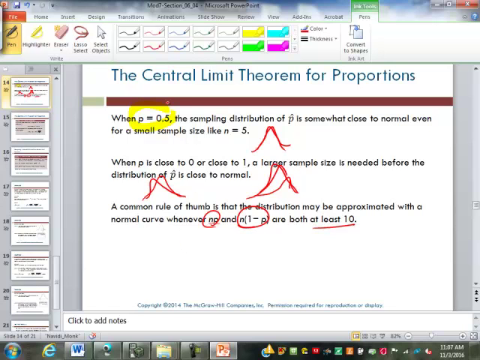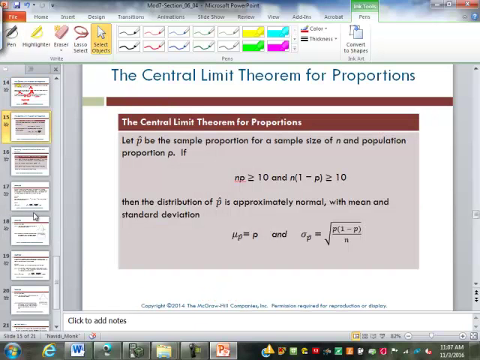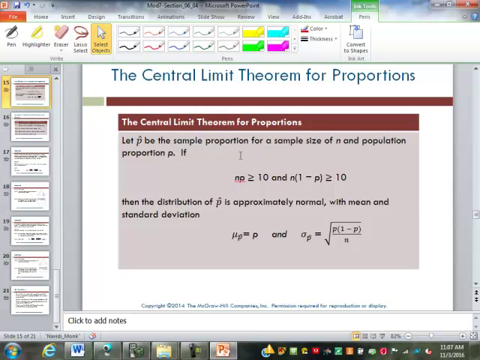So here p of 0.5 is going to be the same no matter what, so n times 0.5 has to be at least 10. I could solve that. Dividing by 0.5 would give me n has to be at least 20 here.